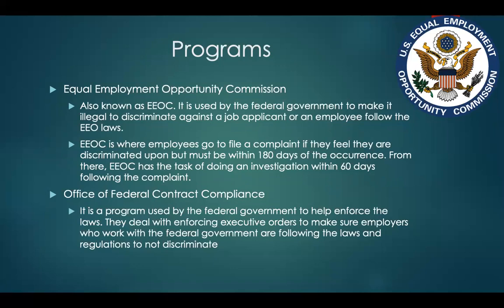EEOC is where employees go to file a complaint if they feel they are discriminated against, but it must be filed within 180 days of the occurrence. From there, EEOC has a task of doing an investigation within 60 days following the complaint.